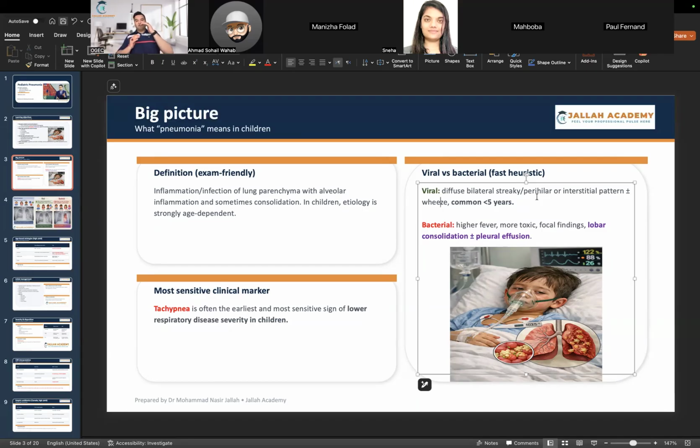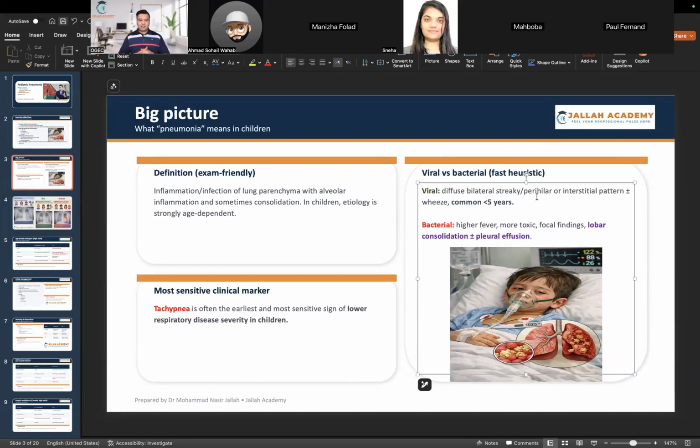But remember, viral is very common. If there is an MCQ asking what is the commonest type of pneumonia in the pediatric population less than 5 years of age, it is viral. Okay. If the patient is more toxic, feverish, and has focal finding and also lobar consolidation, think about bacterial.